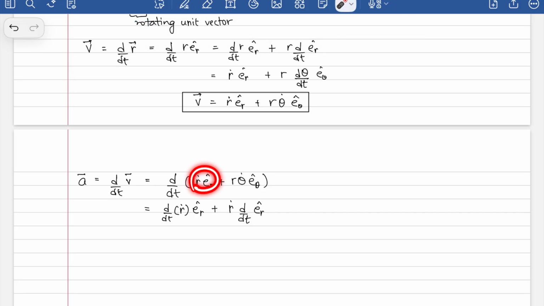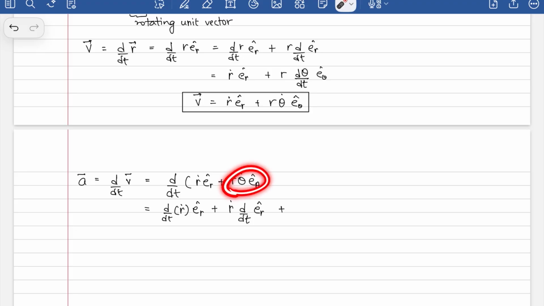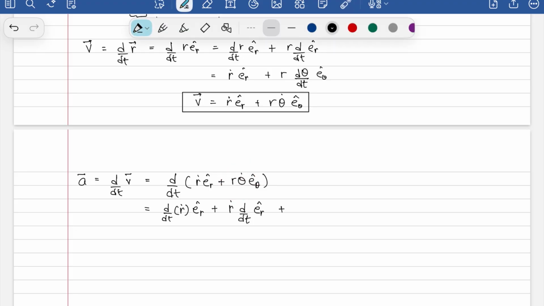That is the first term, product rule. And then I have now this, you have to apply the product rule carefully. You will have the differentiation of r theta dot in e theta hat plus, keep this constant, and you have d dt e theta hat.